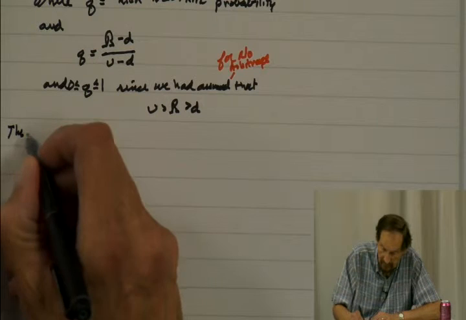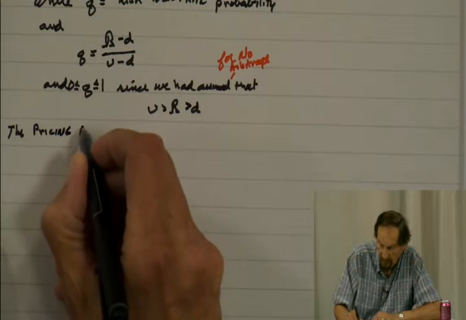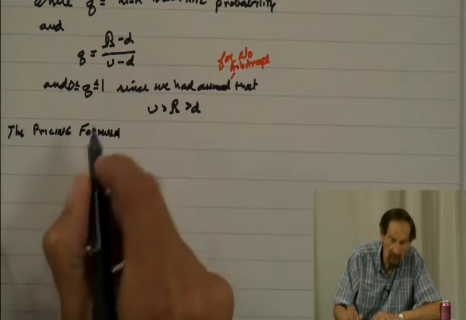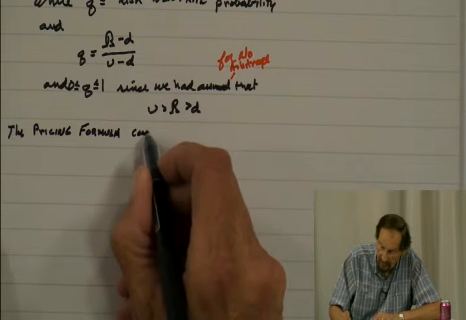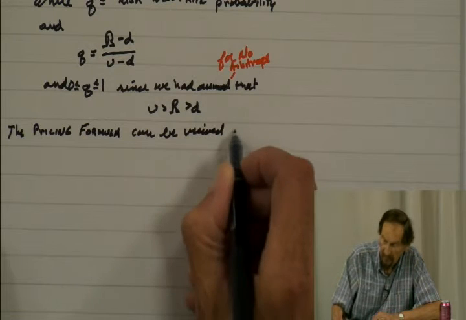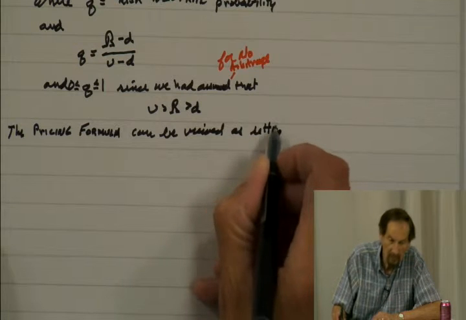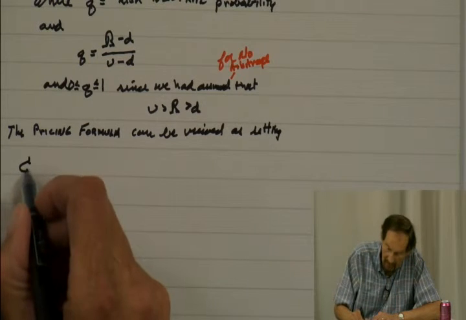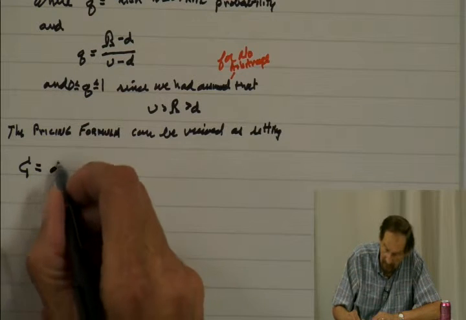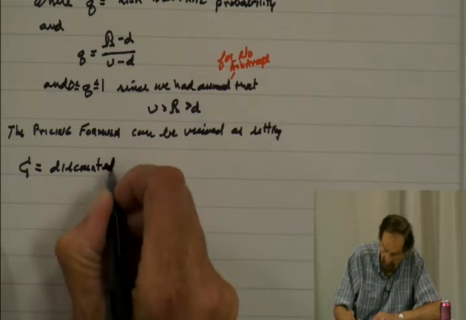The pricing formula can be viewed as setting C, the value of the call option, equal to the discounted expected value of the call option.